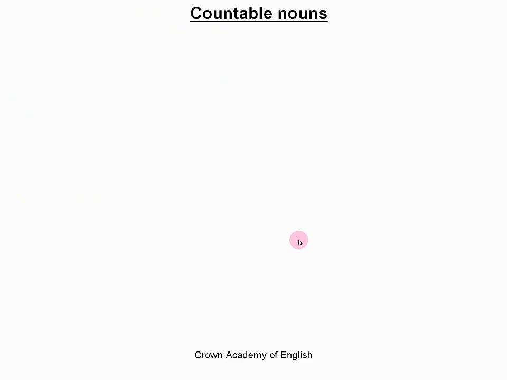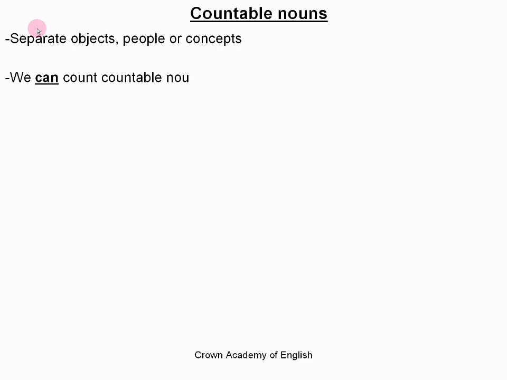Let's look at countable nouns in more detail. The definition is a countable noun is a separate object or people, a person, or maybe a concept. But the important thing is they are separate. And we can count countable nouns. That is the definition, because they are separate. 1 banana, 2 bananas.